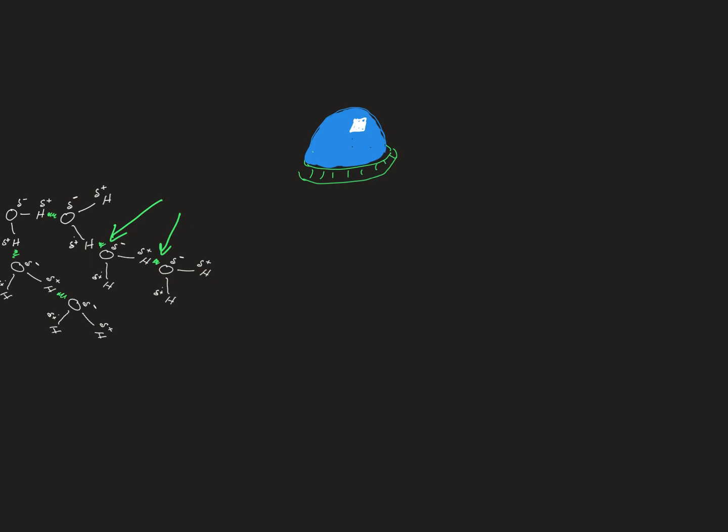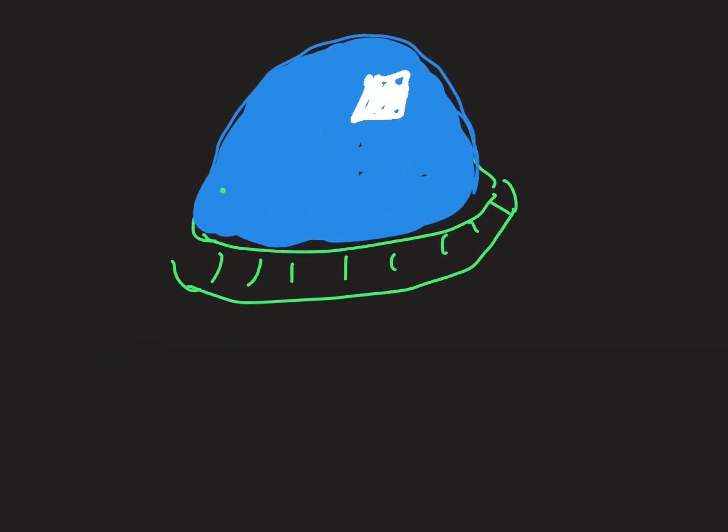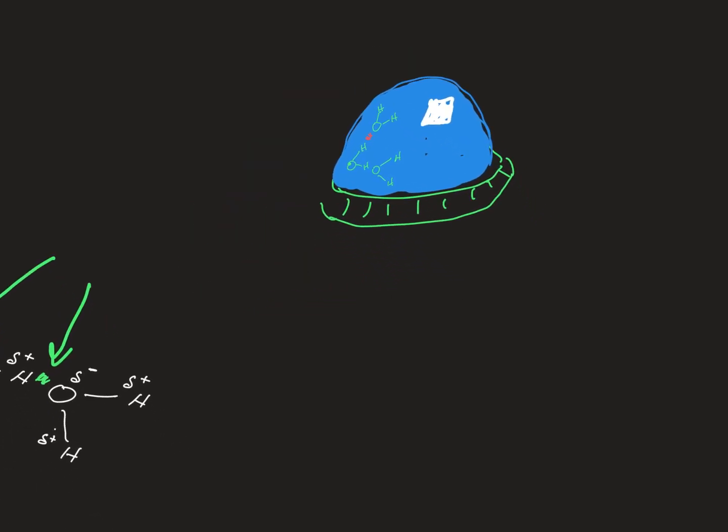If you looked inside, what you would see is a bunch of water molecules all sticking to each other through this force. It's an invisible force like the force that you see in magnets. You don't see the force in magnets, but magnets stick together, right?